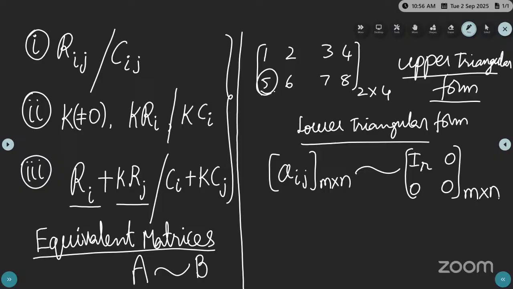Next, you have written equal matrices and equivalent matrices. Now we can write elementary matrices. What are elementary matrices?